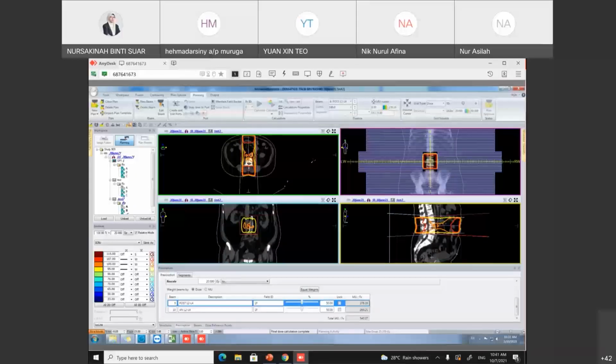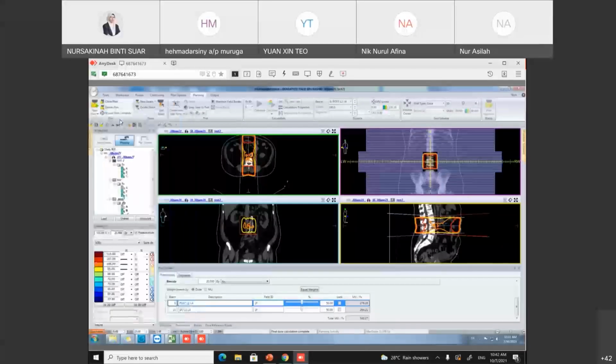There is a criteria that says the maximum dose of the plan shouldn't exceed 110% of the prescribed dose. So for example, in this plan we prescribe 20 gray, but the maximum dose cannot be more than 22 gray. For this plan, the maximum dose now is 23.37.